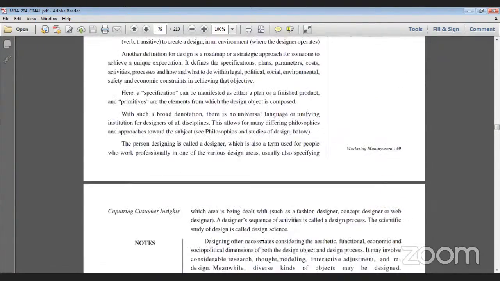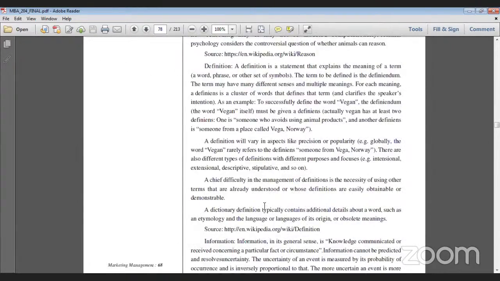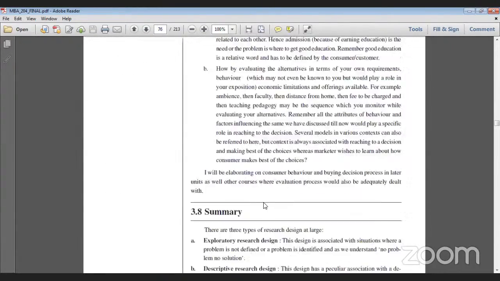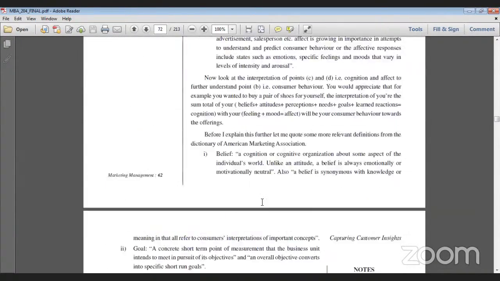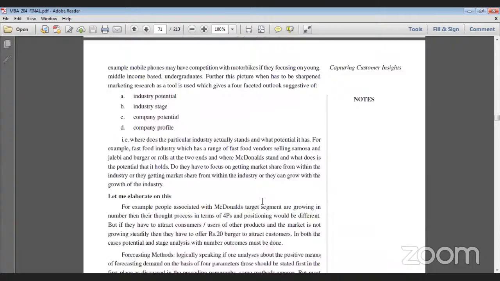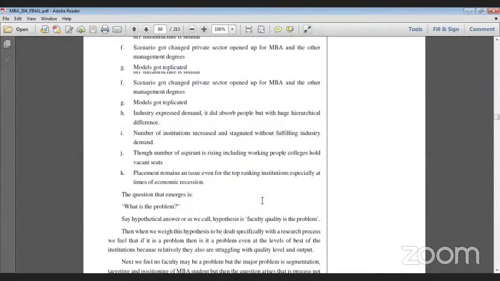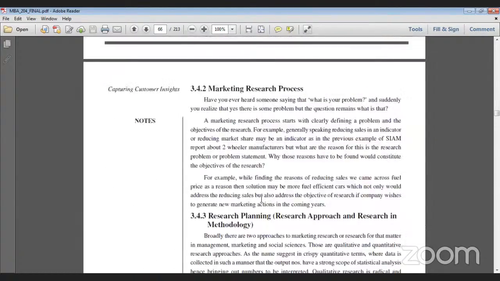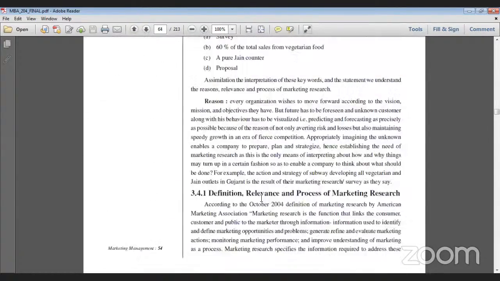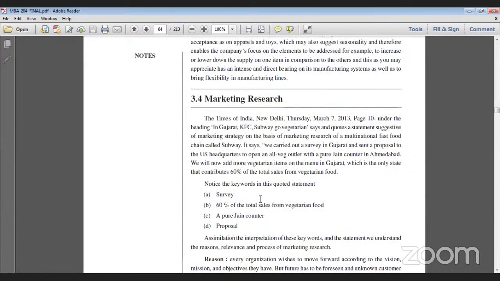We will start from here. From marketing research. Yes, 3.4 marketing research.